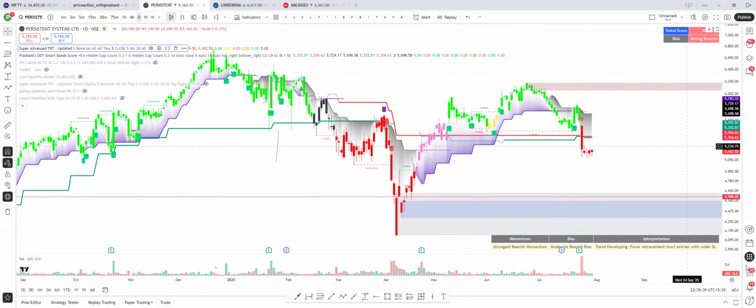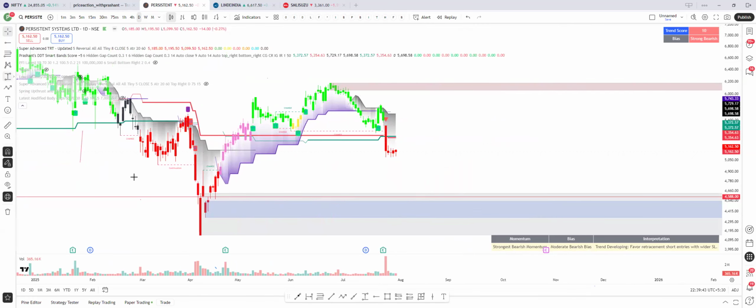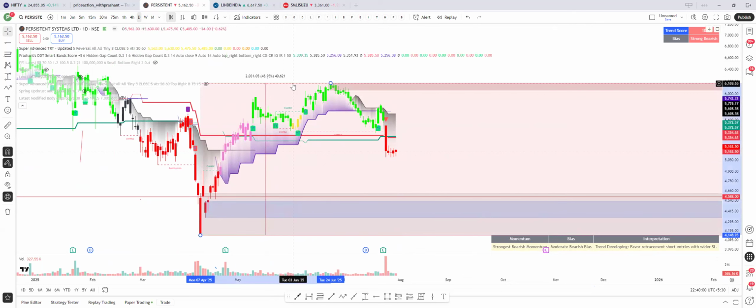So possibly this may turn out to be a trading range for the future, from this low to this high. It is a 50% range, and some stocks have this kind of range. It may come down up to this afterwards. It may give another bullish opportunity. I will not do anything in this for now.